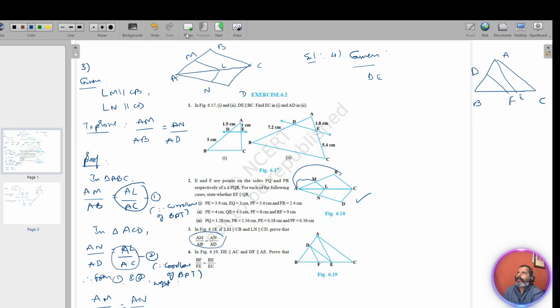Sorry, my mistake. I should join AE. This DE will come to, okay, this is the figure. Now DE parallel to AC. When DE parallel to AC, you should only observe the triangle with DE. Understand? I'll draw this. Check out.